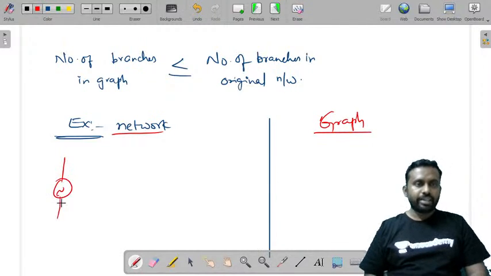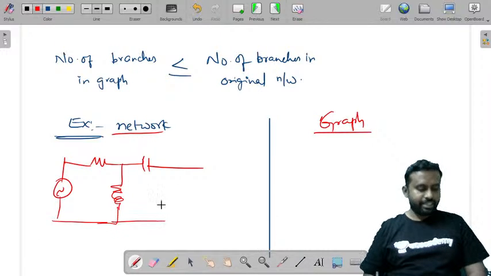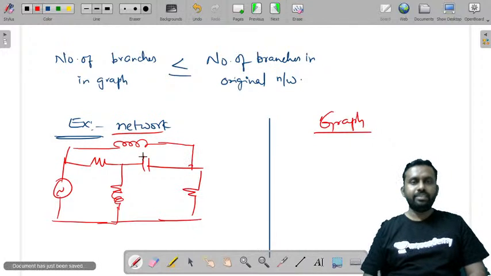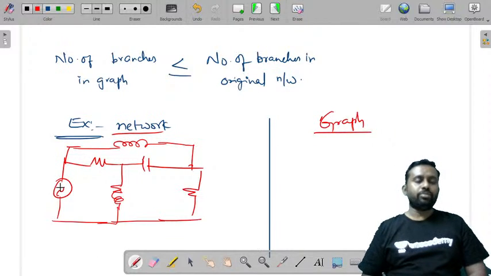There is a sinusoidal input here, and you have a resistor, then a capacitor, and an inductor. You have one more resistor here, and there is another inductor here. Let us say this is the given network. You need not bother about the values L1, C1, R2, L2, V1.